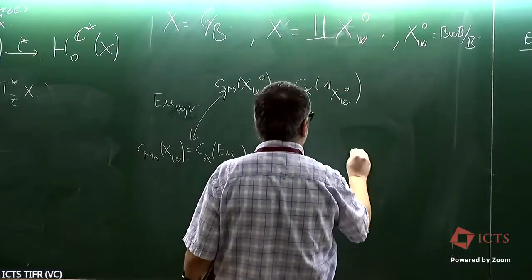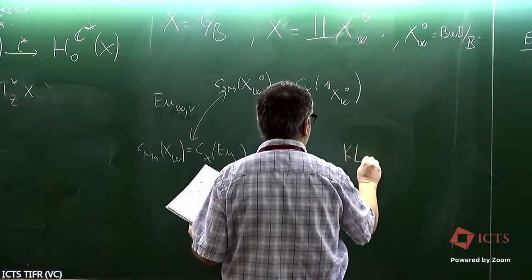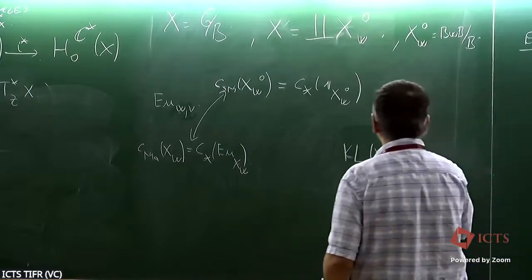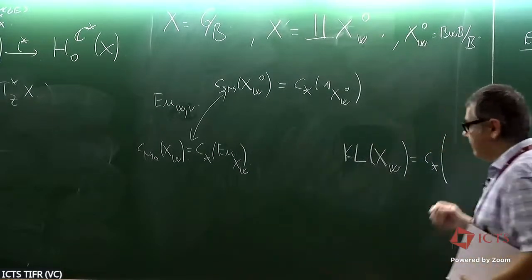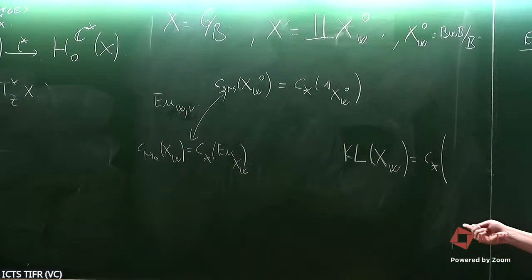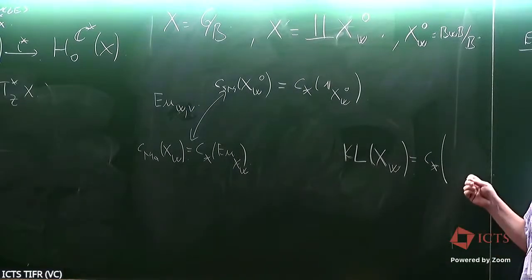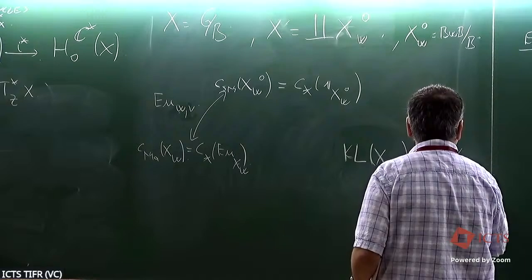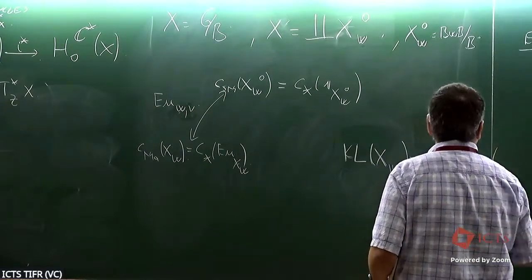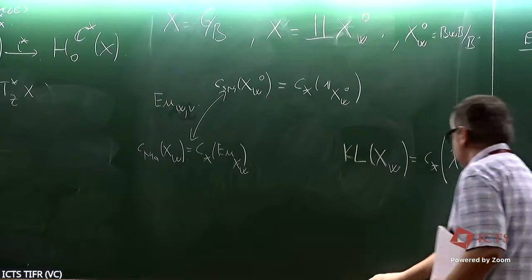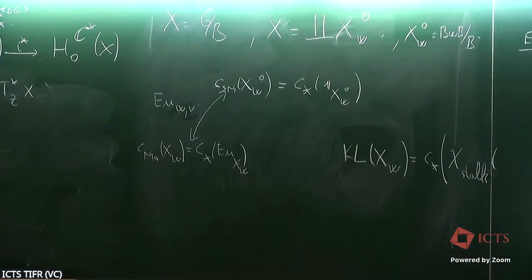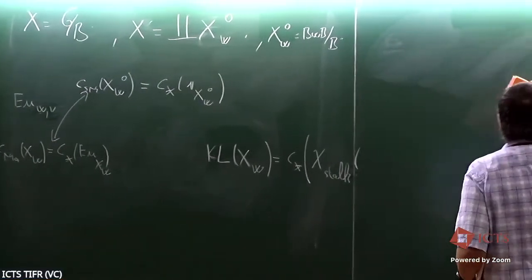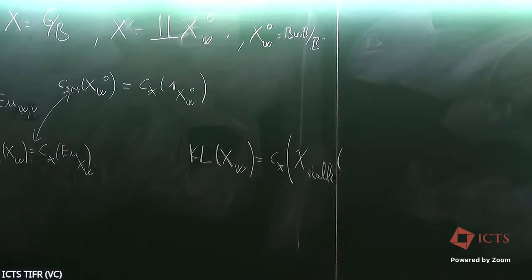Okay, on the other side, there is another class, which is called the Kazhdan-Lusztig class of the Schubert variety. This Kazhdan-Lusztig class is associated to a particular constructible function coming from the intersection cohomology complex of the Schubert variety. How do you do it? Well, I'm just going to brush through the details, but essentially you take the intersection cohomology complex, and then you take the associated perverse sheaf, and then you take the stalkwise Euler characteristic, and that will give you a constructible function.